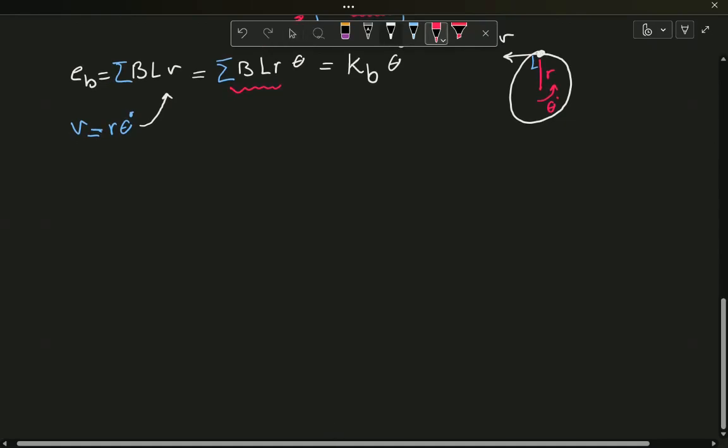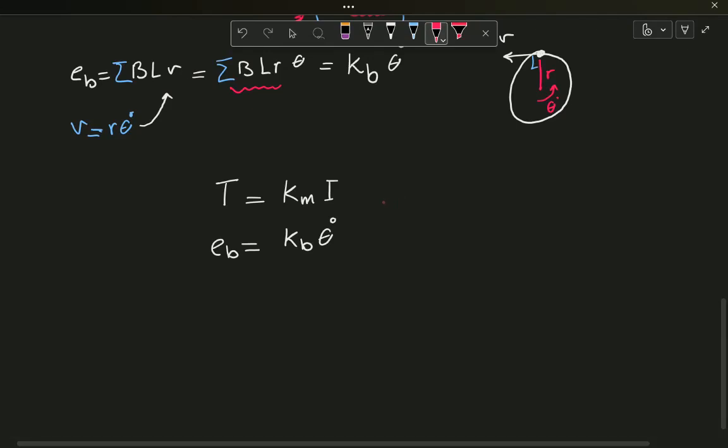You have Tm, or T of the DC motor, equals Km i, and you have the back electromotive voltage of that DC motor, which is working against you, as KB theta dot. The important observation here is that they're not like transformers.